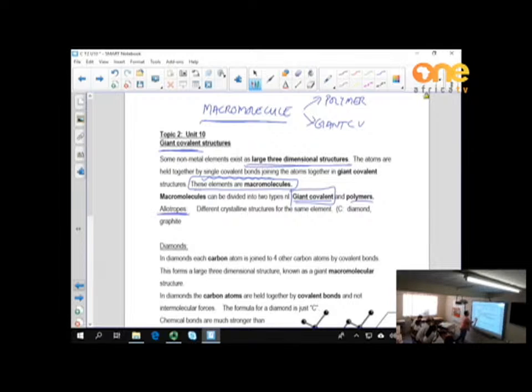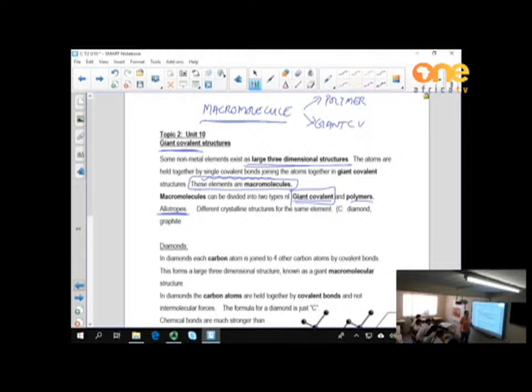Allotropes. What are allotropes? We've done that one. Different crystalline structures for the same element. Normally, if I have an element, it will form a specific crystalline structure, and I can use that structure to identify the substance. Now, some elements have more than one type of crystalline structure.